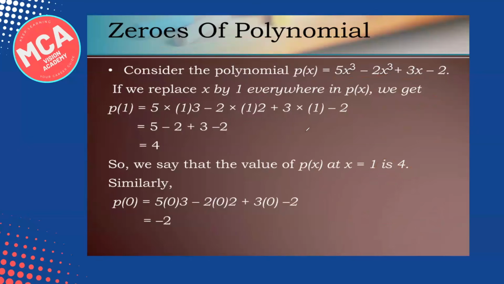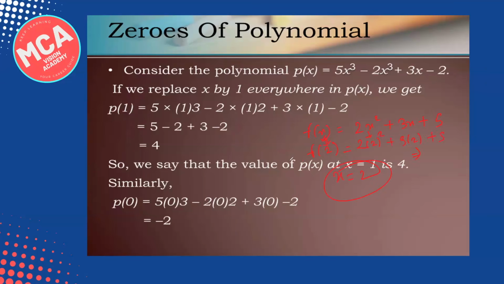I'm taking f of x or p of x equals 2x square plus 3x plus 5. Suppose I ask you to find the value of f of 2. Simply, wherever you get x, put the value as 2. So you'll get 2 into 2 square plus 3 into 2 plus 5.